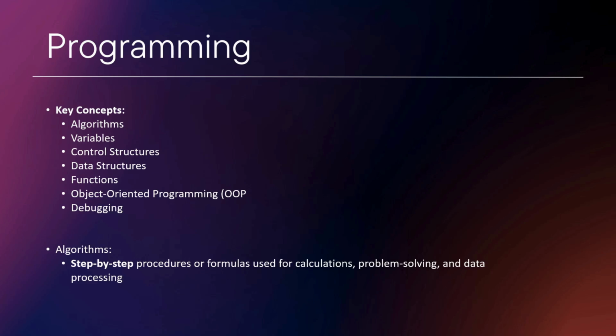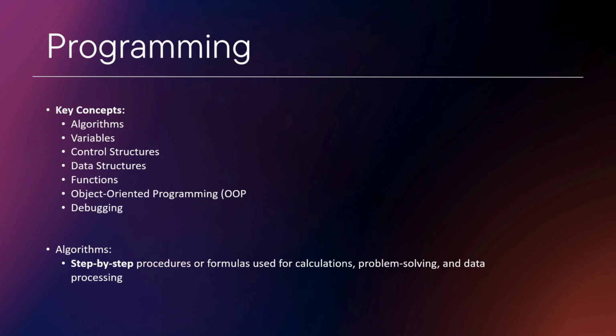We will obviously go over each of these in detail when we make a lecture on those particular things, but just for now. Then there are functions, then object-oriented programming, and then debugging of code, that is removing the errors from our code.